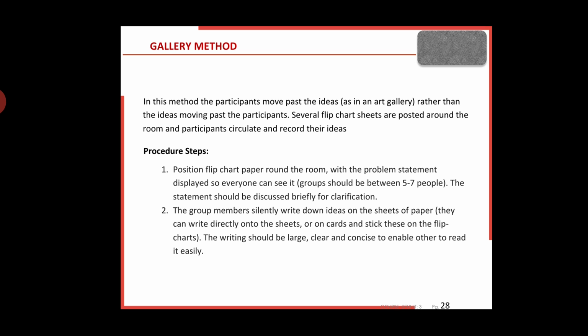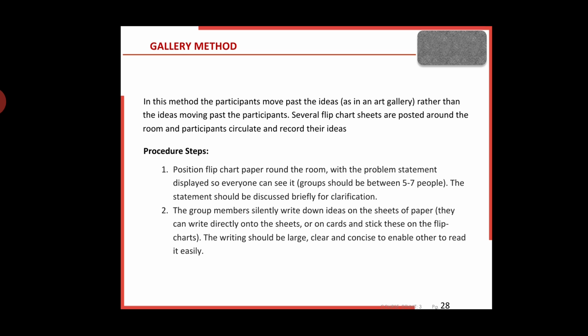They can write directly onto that sheet or on cards, and stick these on the flip chart.